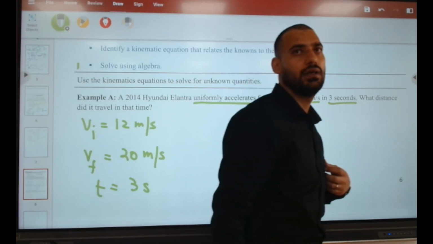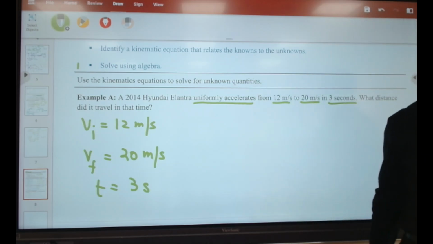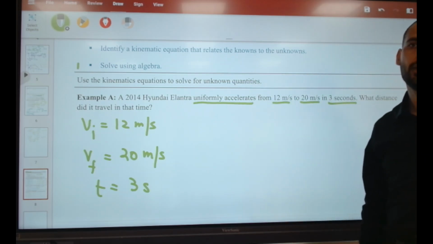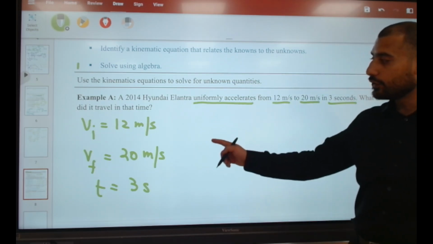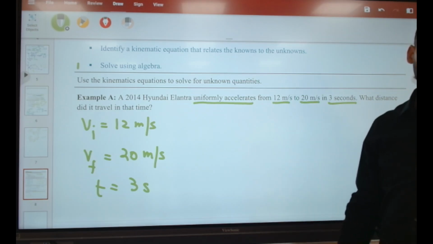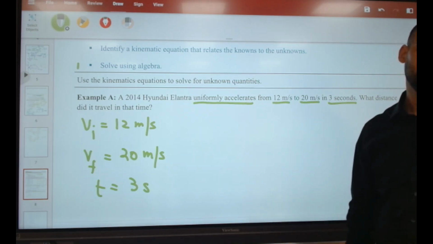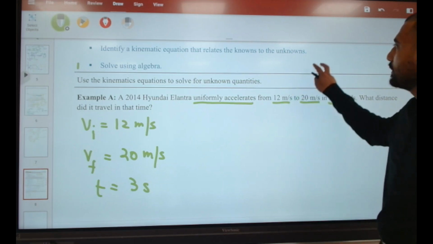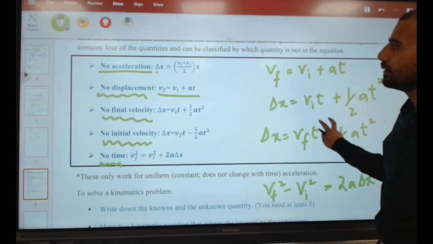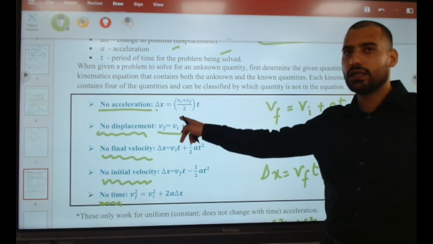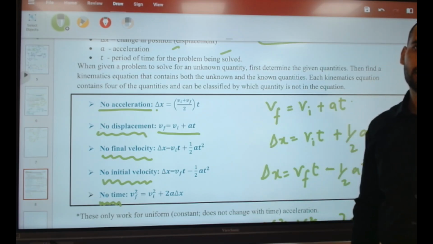Can you solve it? Out of the 4 or 5 equations, which equation should we use? We don't have acceleration, right? So when we don't have acceleration, we can use the first directly, isn't it?